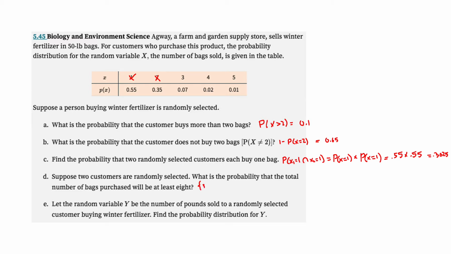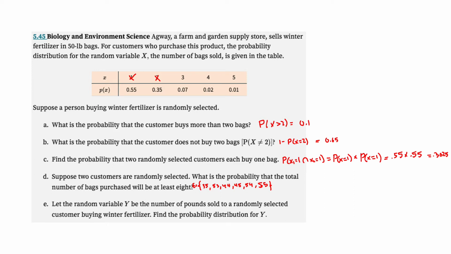So we could have 3 and 5, 5 and 3, 4 and 4, 4 and 5, 5 and 4, 5 and 5. You can fill those in to this equation and add them all up. So this would be our event.